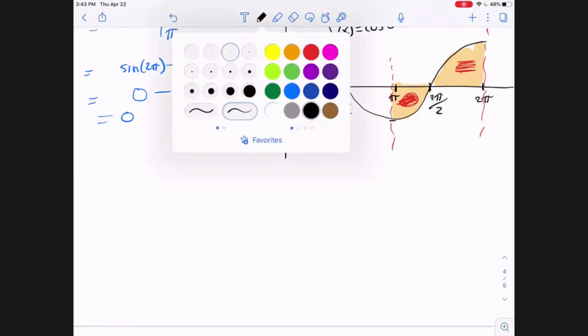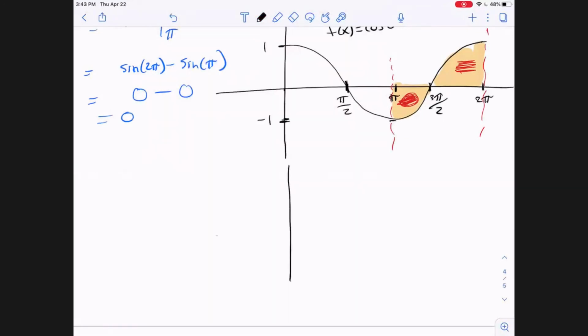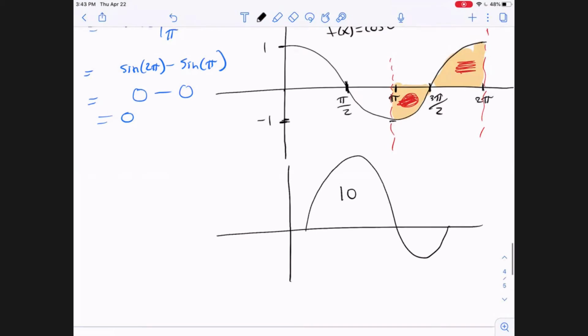Let me talk about this. Let's say you had a curve that looked like this. And let's say the area of this hump was 10 square units, and the area of this hump was 3 square units. And you're integrating from 1 to 20, and this is 30, as far as the x values go.